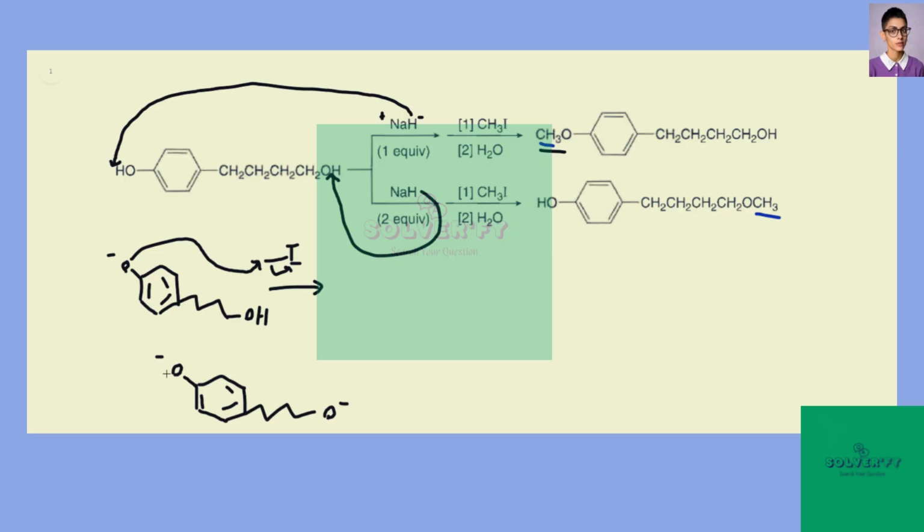Well, this phenolic alcohol can actually go through some resonance stabilization to reduce the electron density around this oxygen nucleus, such that we can have a double bond being formed here and moving the negative charge to this carbon atom over here.